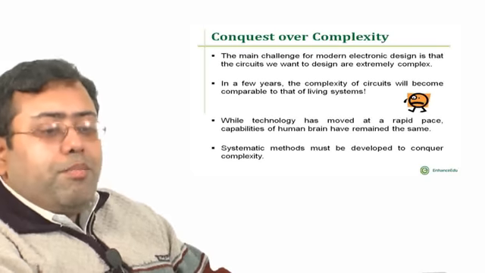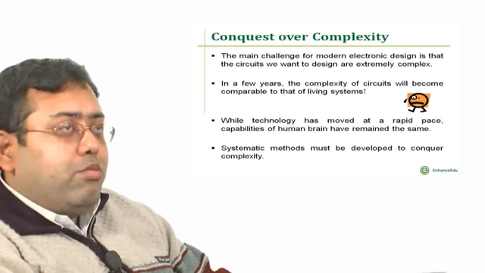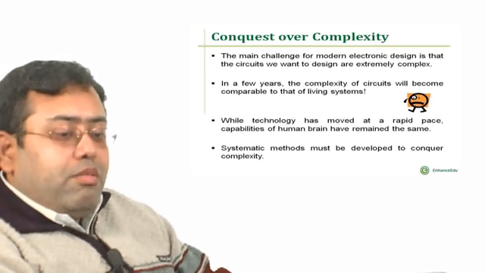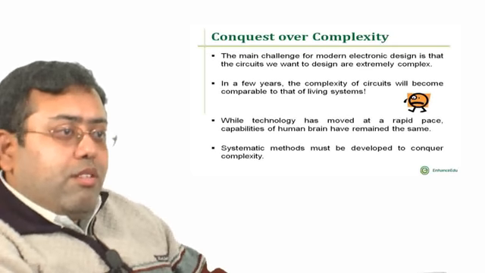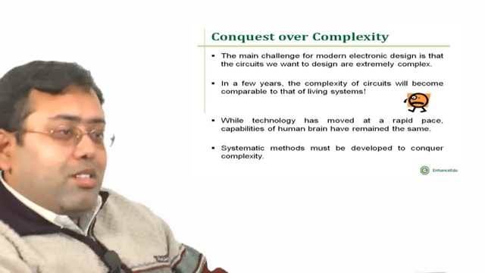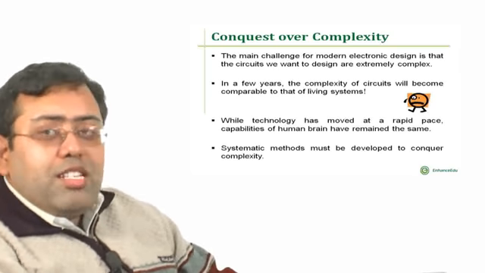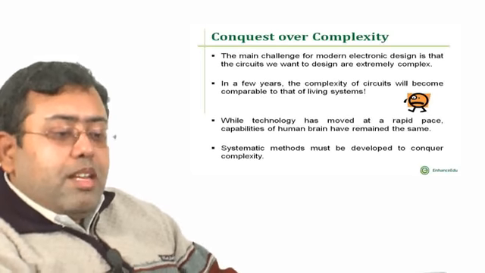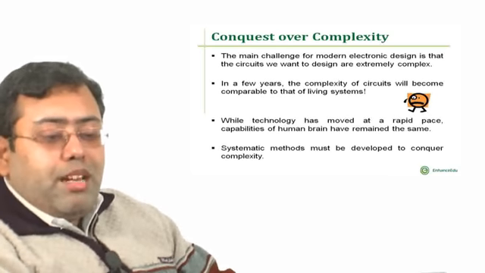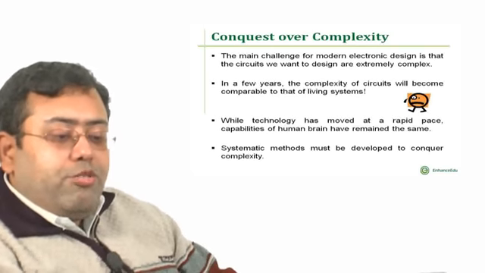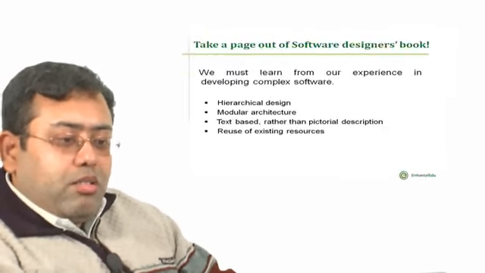In a few years, the complexity of circuits will become comparable to that of living systems. That is a very optimistic way of thinking about how the complexity of circuits is growing over time. While the technology has moved at a rapid pace, the capabilities of the human brain have remained the same. So, systematic methods must be developed to conquer complexity.